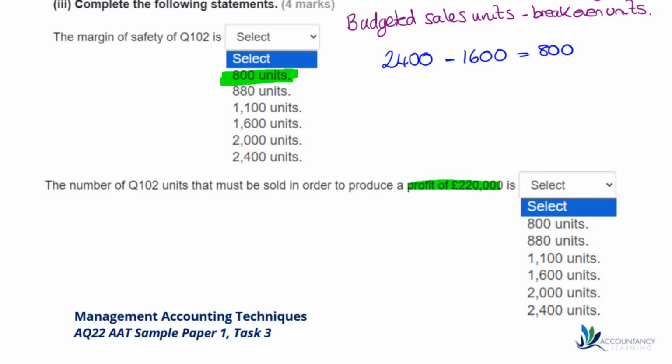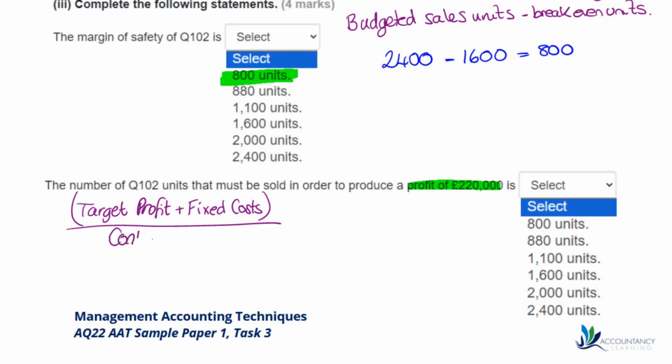So the formula that we're going to need to use here is going to be taking our target profit, and we need to add in our fixed costs to make sure that we are covering our fixed costs. And then we're going to divide that by our contribution per unit.